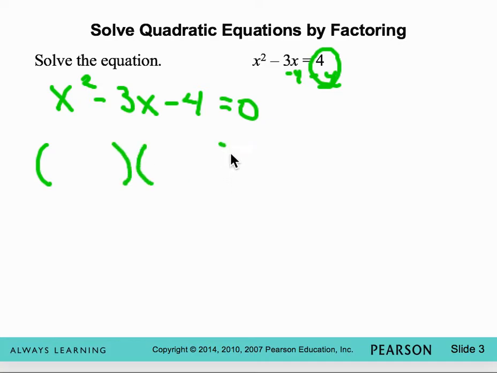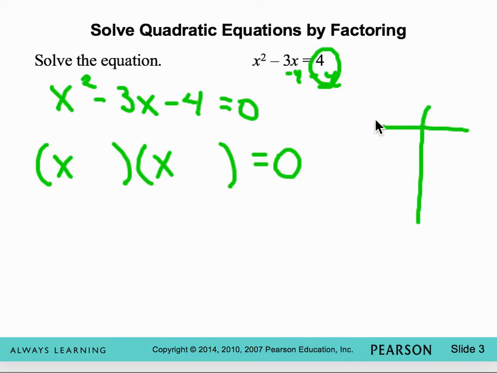I need two numbers because it's a trinomial that multiply together and equal 1 times -4 and add to give -3. Hopefully we're good enough at this that we don't always have to go over here and make our table, but if we do, that's fine, right?